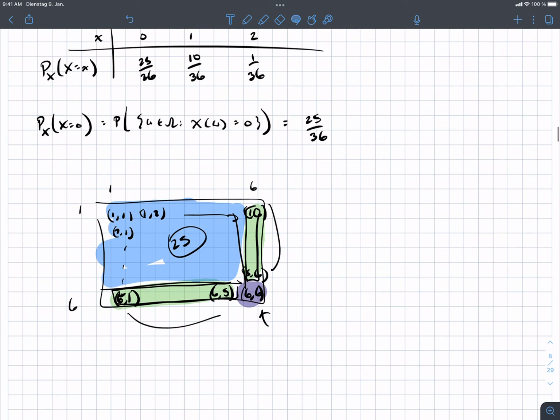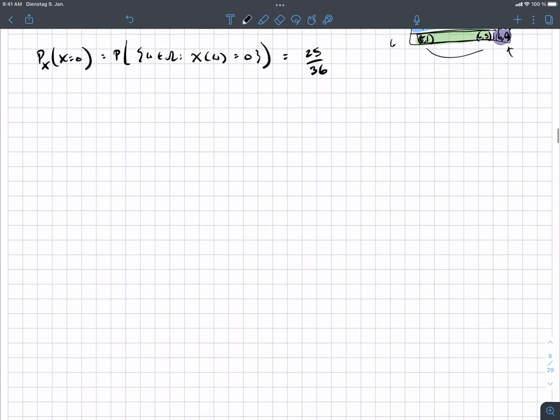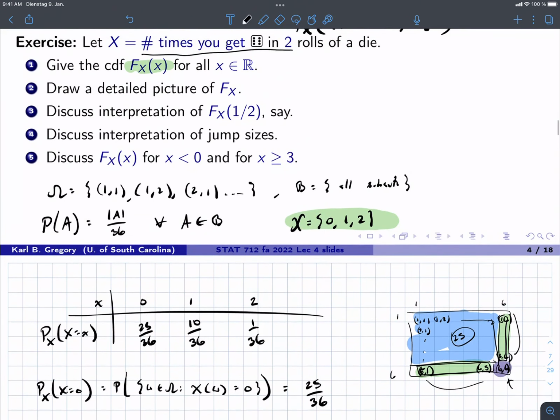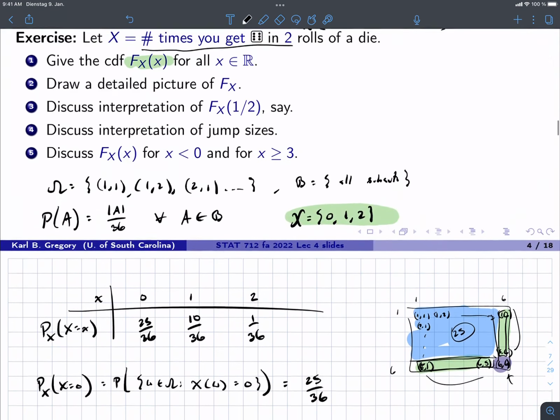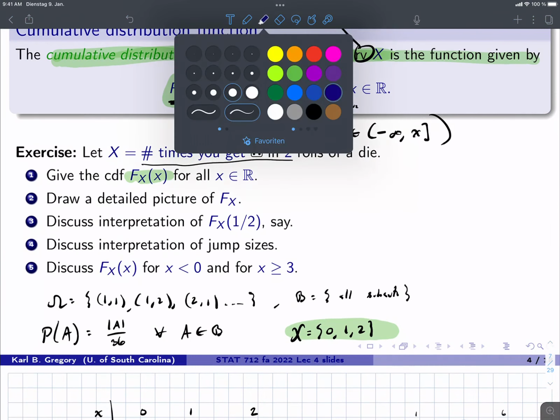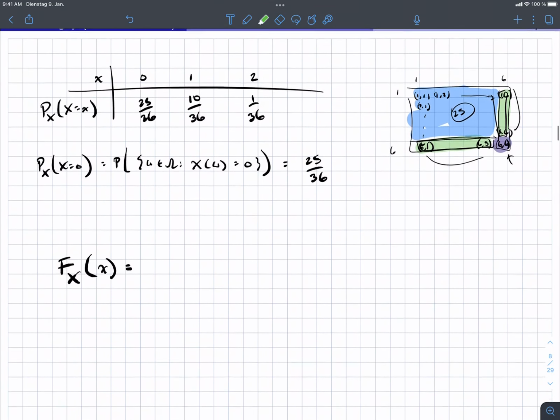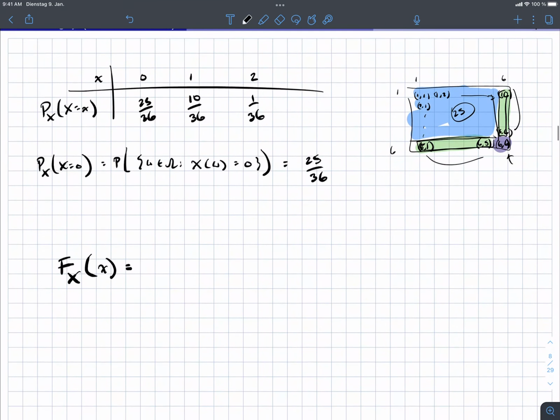Okay, so now how do I write down the CDF? The CDF is a function which I have to define for every little x in the real numbers. So what we should think about is the whole number line. Here's 0, here's 1, here's 2.